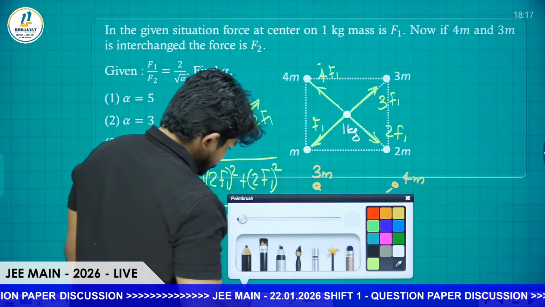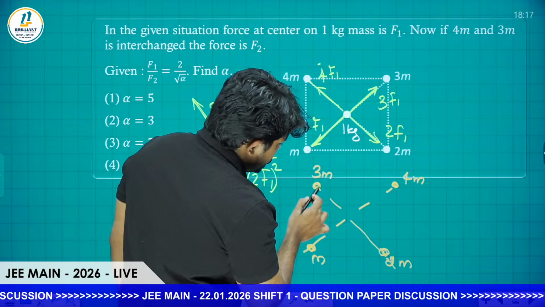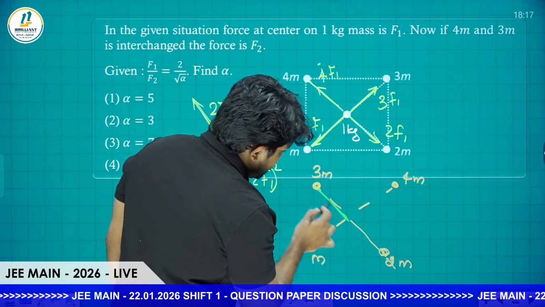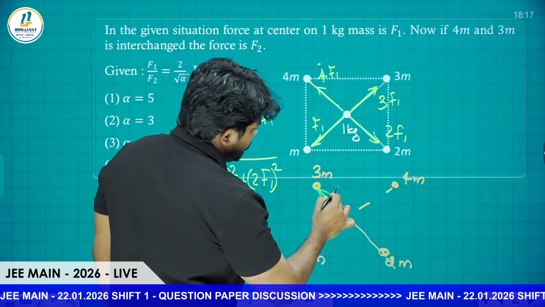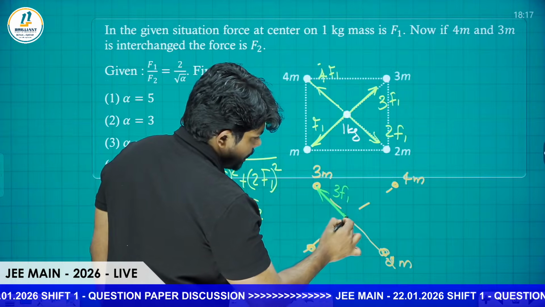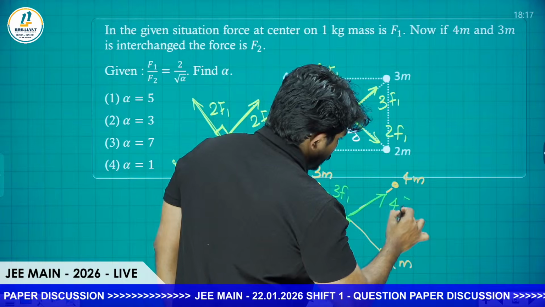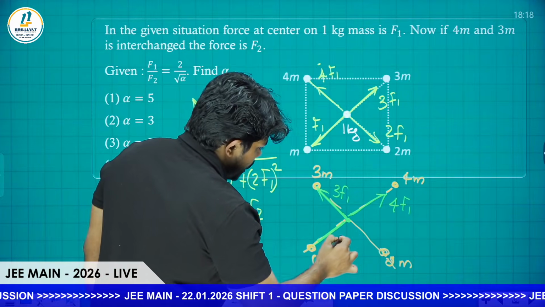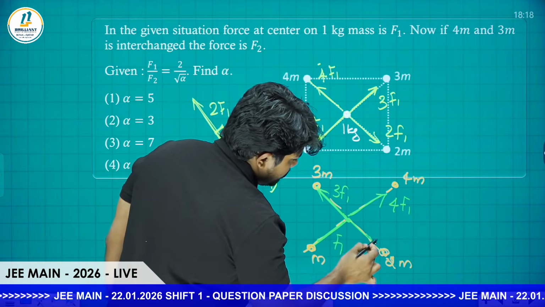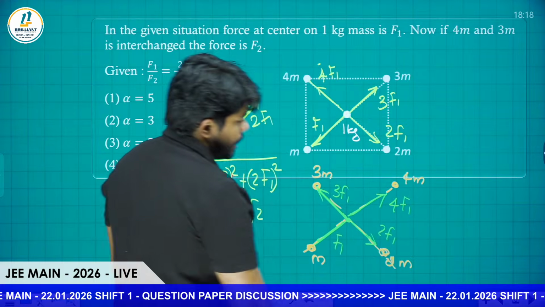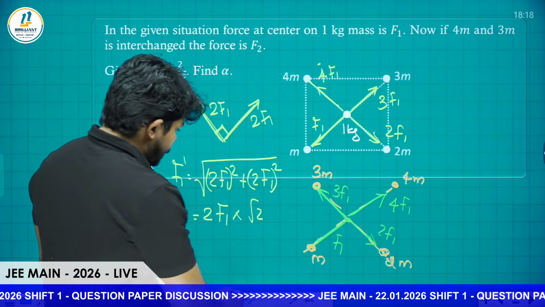Now we can again find out the net force. Again, we are going to take this force. This force will be 3F1 because 1 kg mass will be there. And this I am going to take as 4F1. And this will be again F1. This will be again 2F1. Right? Now what will be the resultant force?